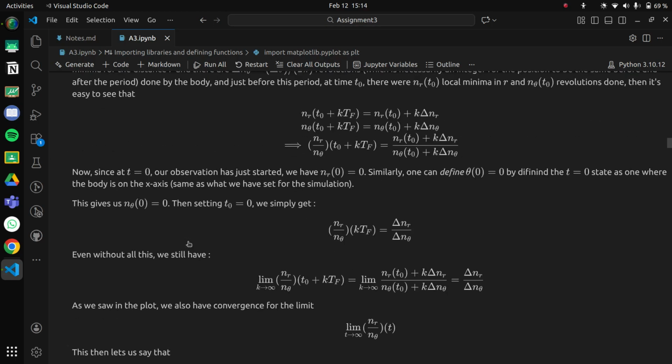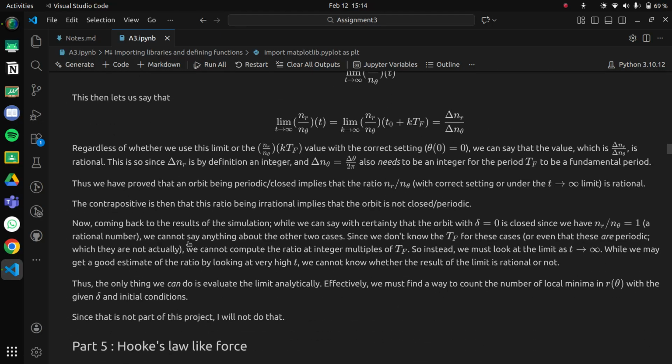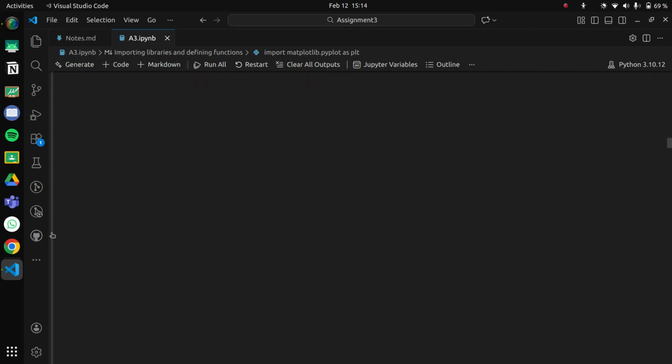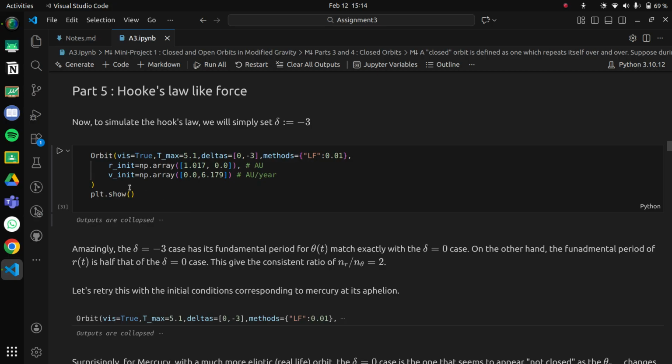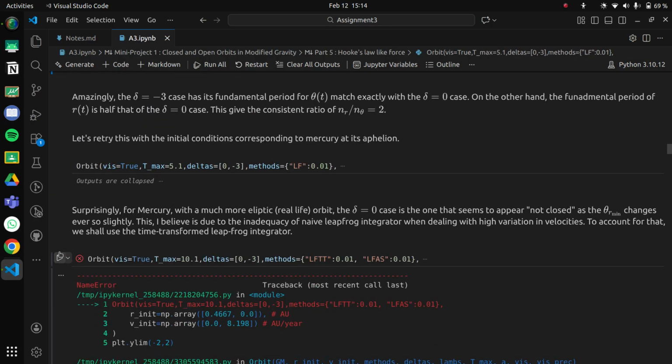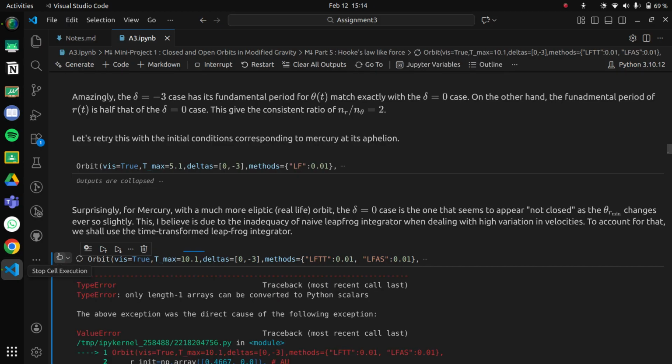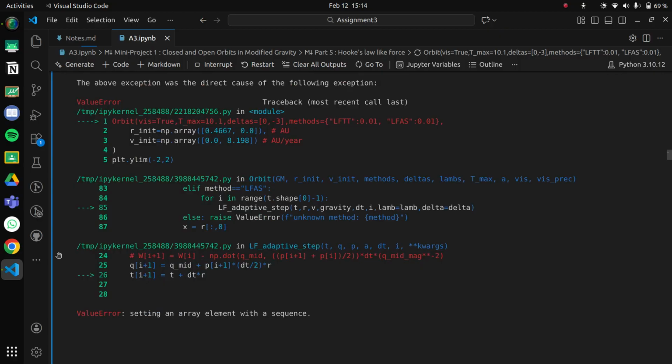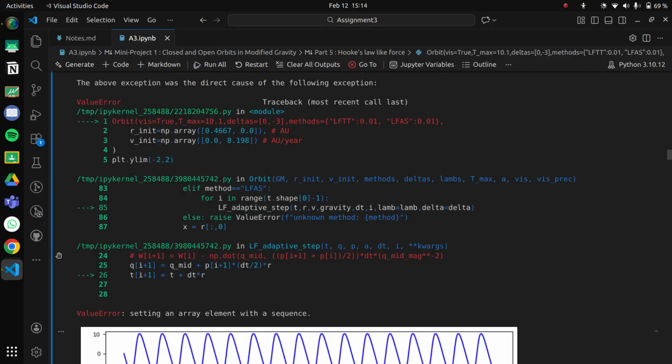Go back to the one. Yeah, I don't know why we have all of this. Just a lot of things at that point. This is just better. That's what I want. Type error. Great. What's going on? Setting an array element with a sequence.